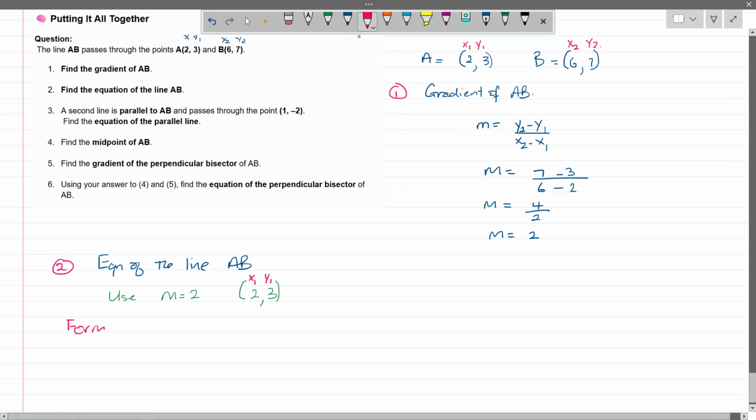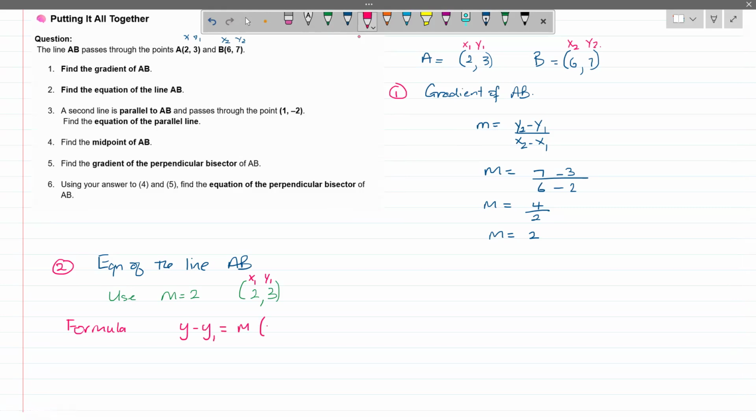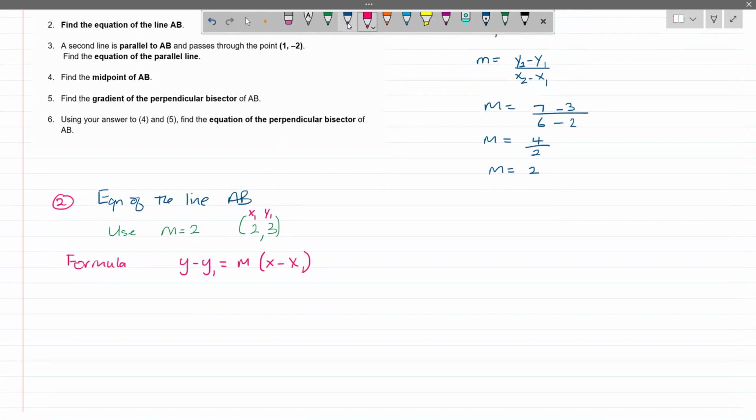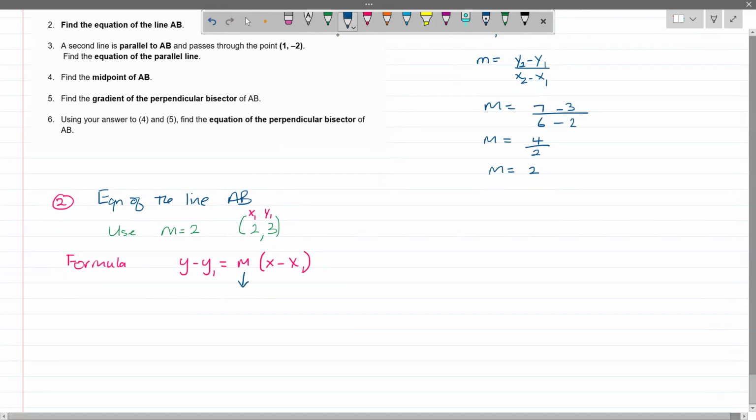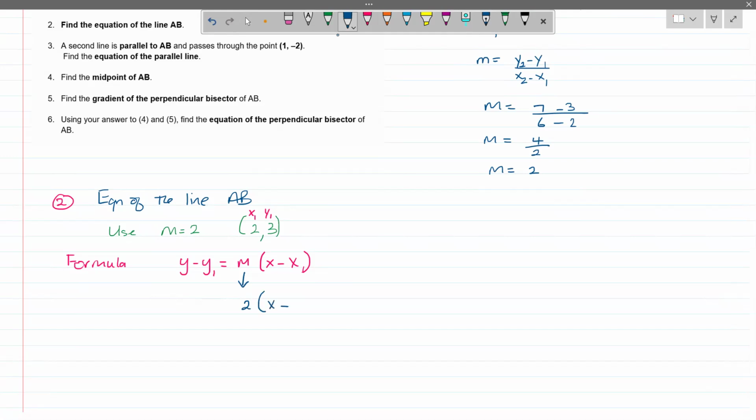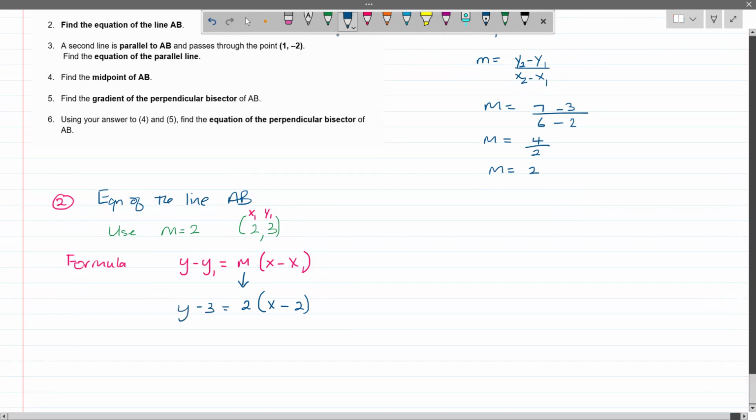The formula for the equation of a line: y minus y1 is equal to m into x minus x1. We plug in those values here. m is going to be 2, x1 is 2, y1 is 3. We're working it out. 2x, 2 by 2 is negative 4. y is equal to 2x minus 4 plus 3. y is equal to 2x minus 1. That's the equation of the line AB.